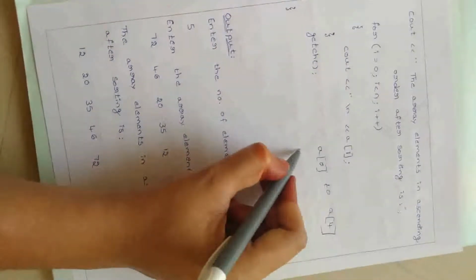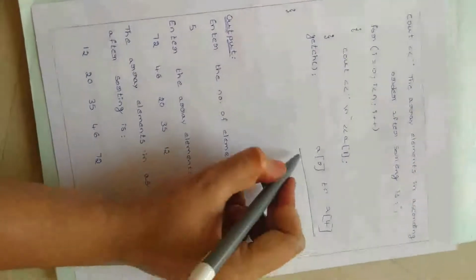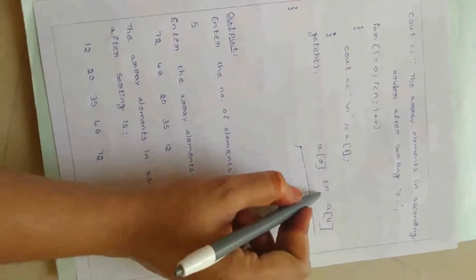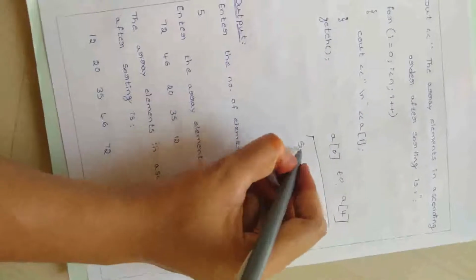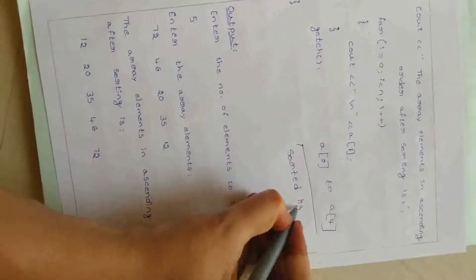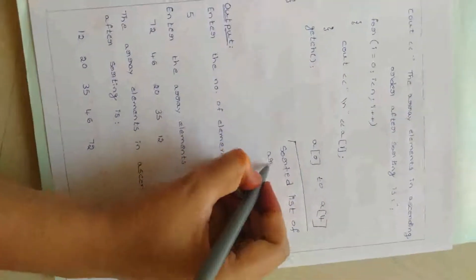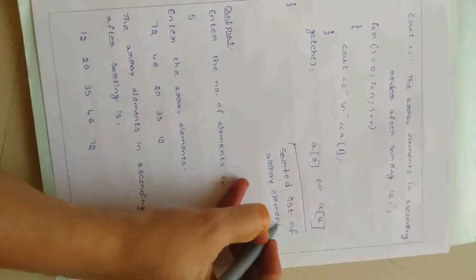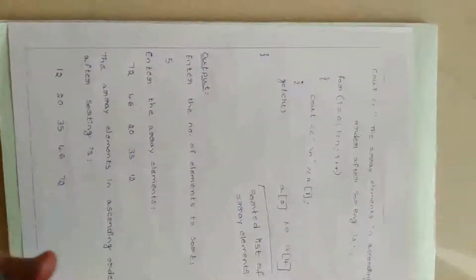These elements are printed after sorting, so we get the sorted list of array elements. So this is the simple program to perform the bubble sort.